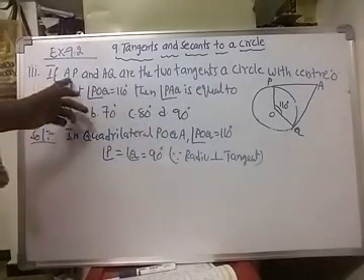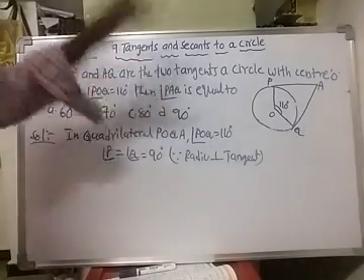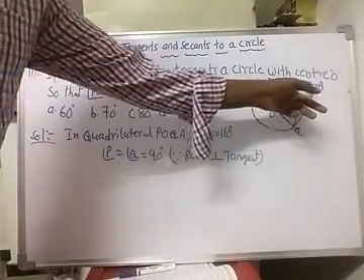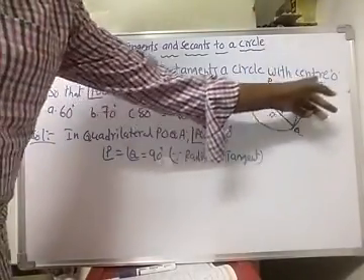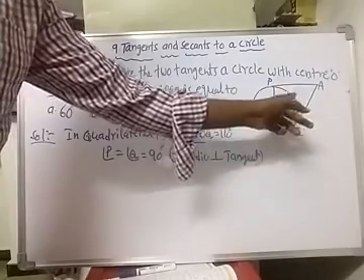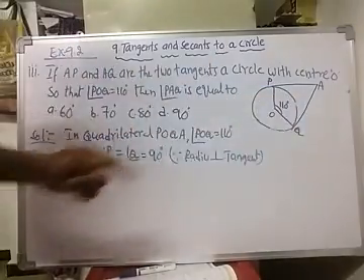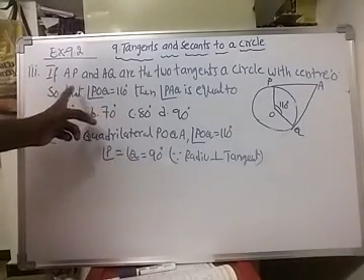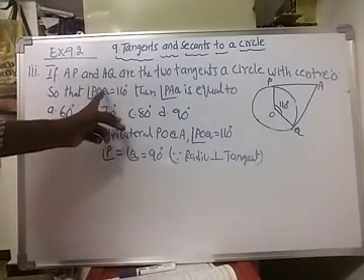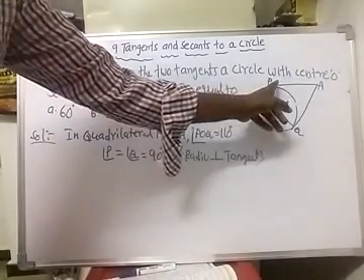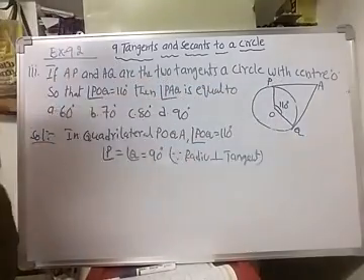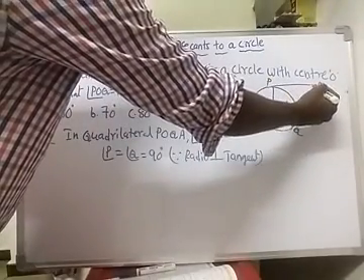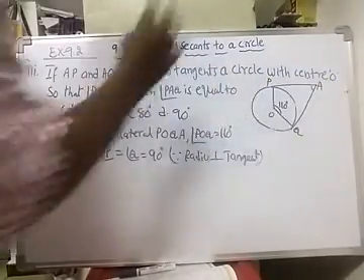So AP and AQ are tangents to a circle with center O, and angle POQ is equal to 110 degrees. We have to find angle PAQ.